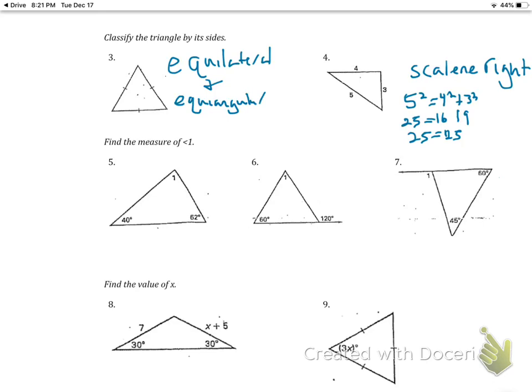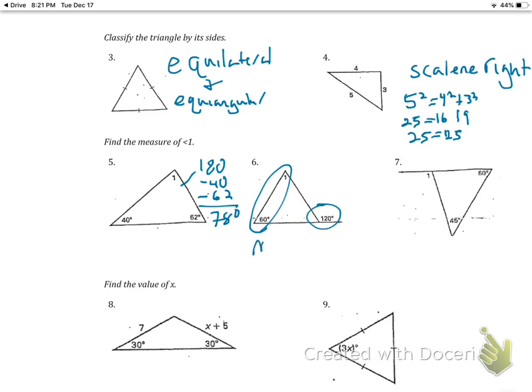Down here we're looking for the missing number. Well, you know the sum of the interior angles of a triangle is 180. So we have 180 minus 40 minus 62, which leaves me with 78 degrees. To find the exterior angle, remember that is the sum of the 2 non-adjacent interior angles.